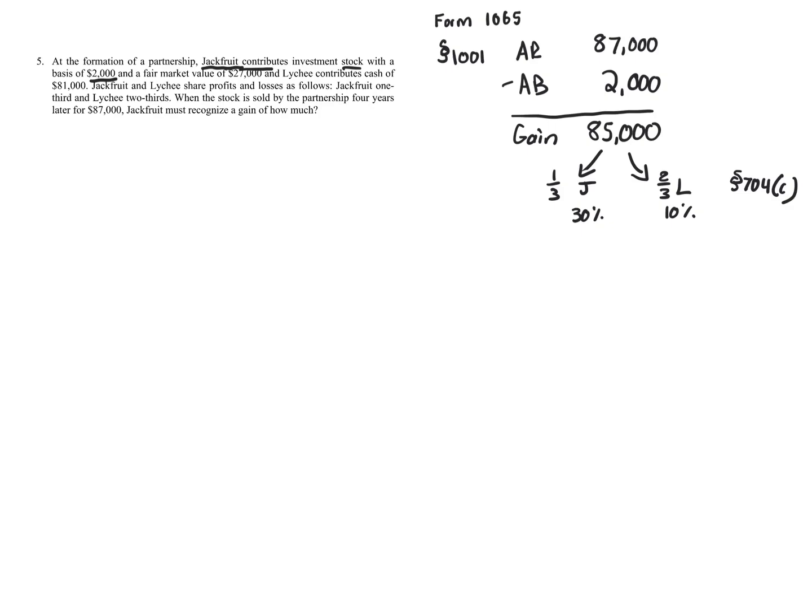Unfortunately, Jackfruit owns it. So what taxpayers would do is create a partnership. They would put the property into the partnership, and the other partner would also contribute property. Then, based on lower tax rates, they would try to allocate gain to the partner that has a lesser rate, like here, L, Lychee, at the 10% rate, and that would avoid tax because you'd have that 20% tax savings.